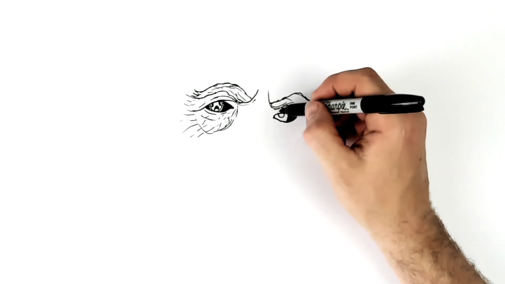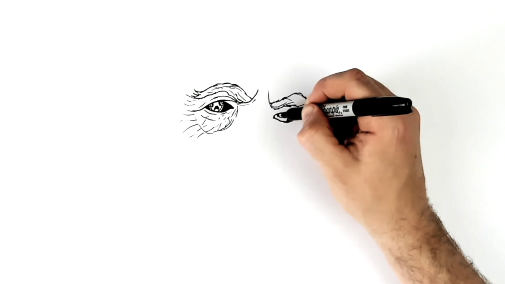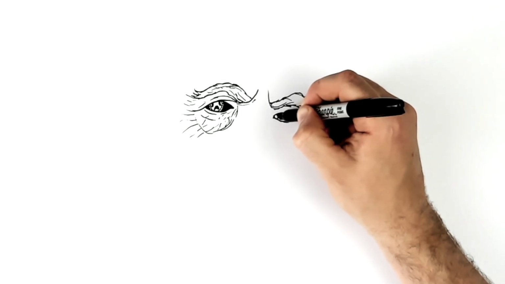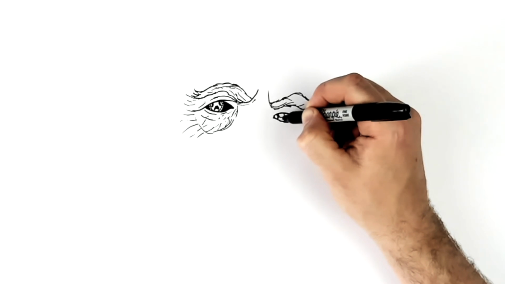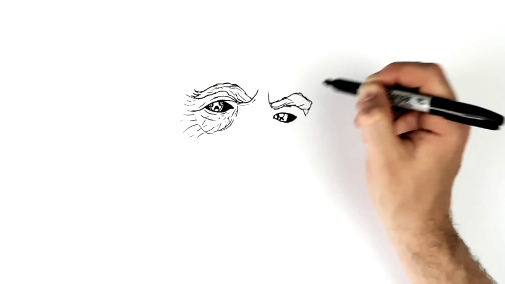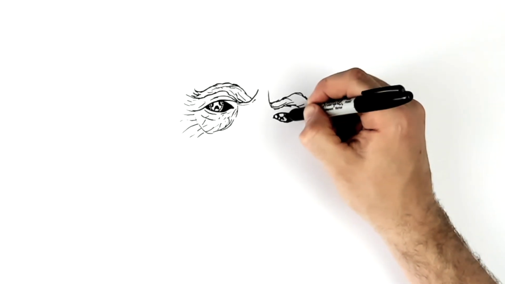And then we'll add those details. So those sort of black shapes around that eye.